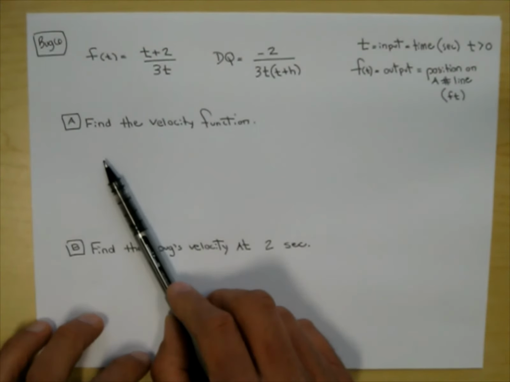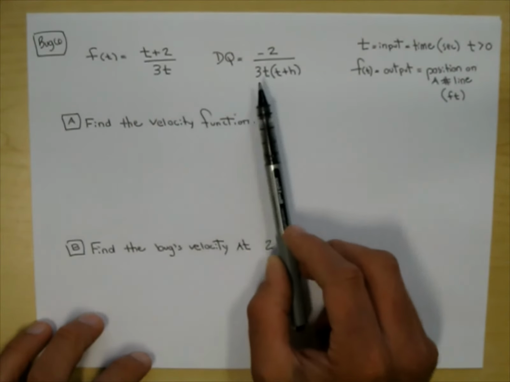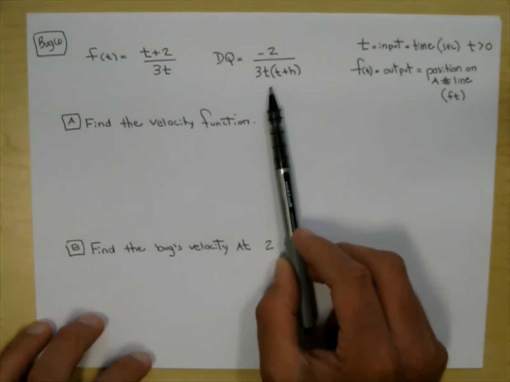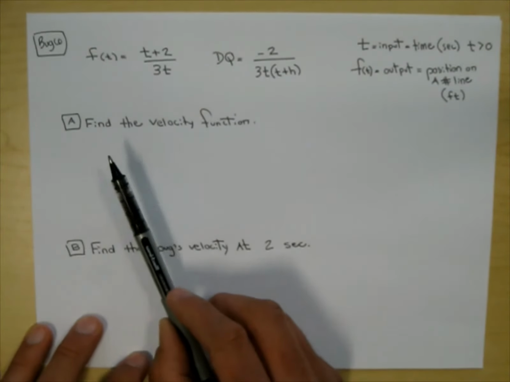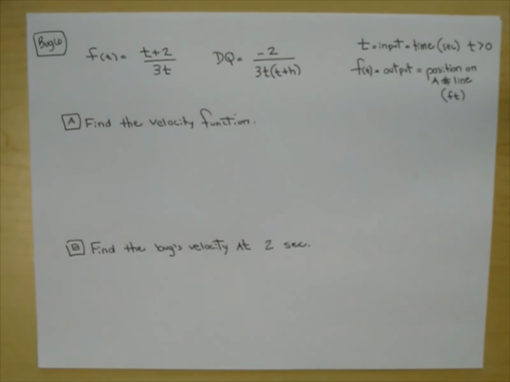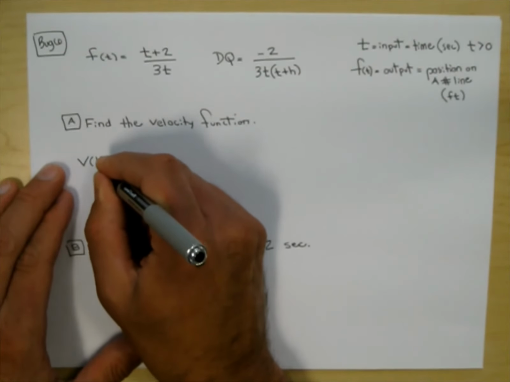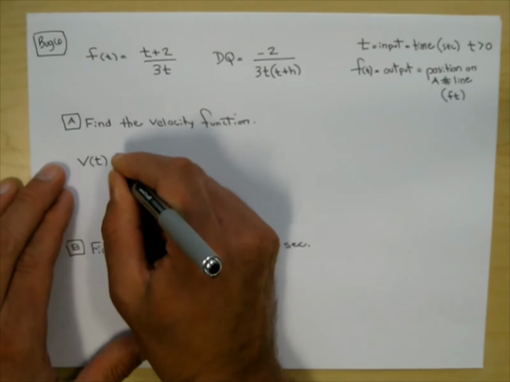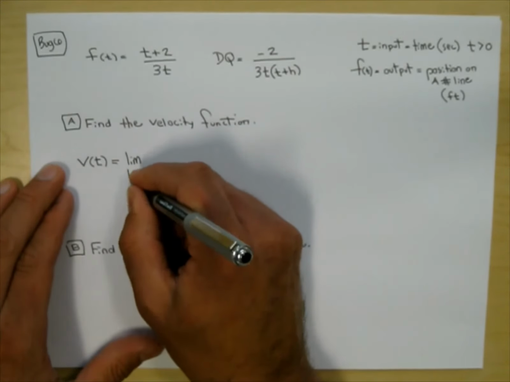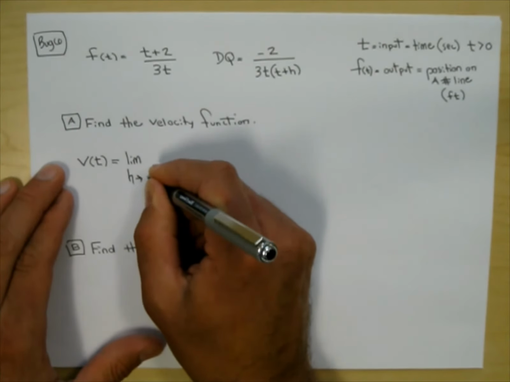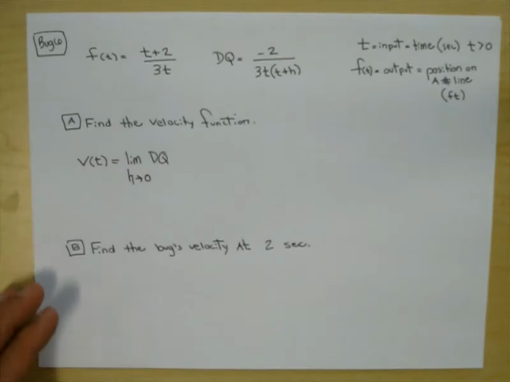So in bug 6, they give you a function, and they ask you to find dq, which we did. And this one has t's instead of x's. And then another kind of question they would ask is, find the velocity function. Well, the velocity function, which looks like this, v of t, is really the limit as h approaches 0 of dq.